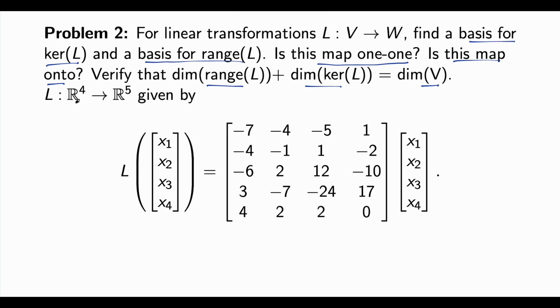Okay. So L is a linear transformation from R4 to R5, right? Then L is given by the matrix of transformation A, which will be of size 5 by 4, m by n. If you check, there are 5 rows and 4 columns.